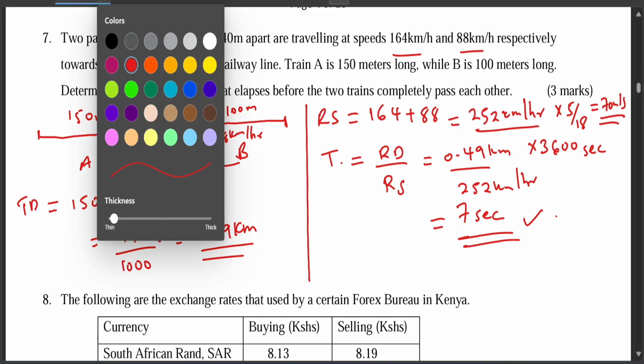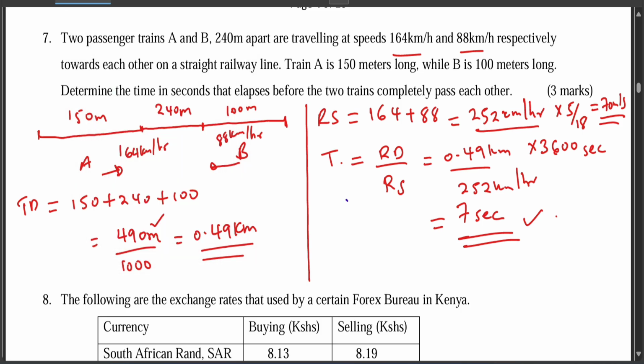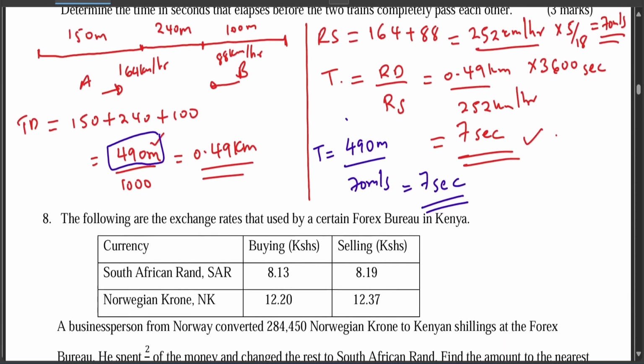So the time will be 490 meters divided by 70 meters per second, to give you 7 seconds. So there are different ways, and all of them will give you the same solution.